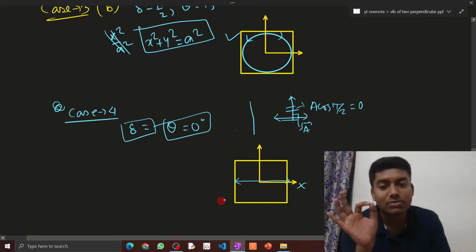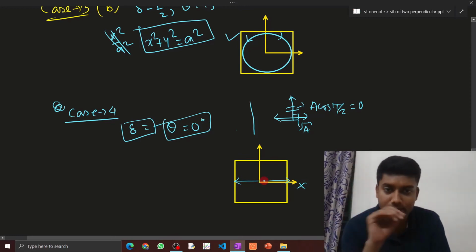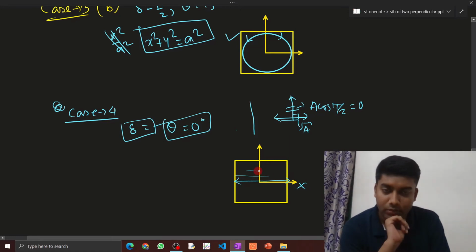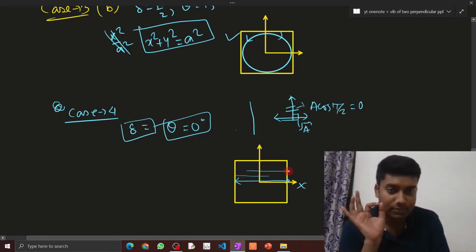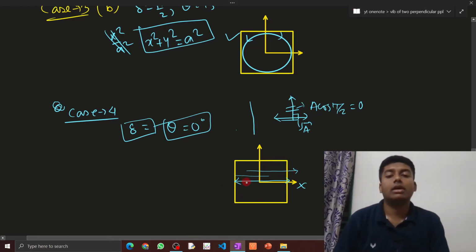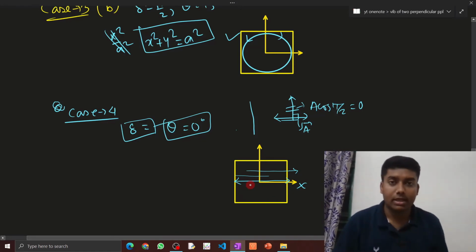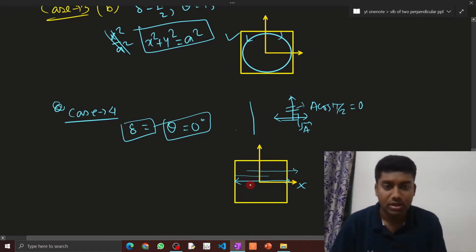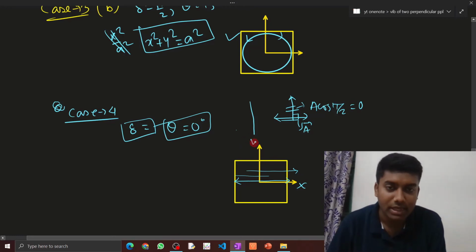As the light is propagating, the vibration is along the x-axis, along the optic axis. Why optic axis? Because we have discussed in the first class that the optic axis is along the x-axis. So there is no component of the vibration along the y-axis.